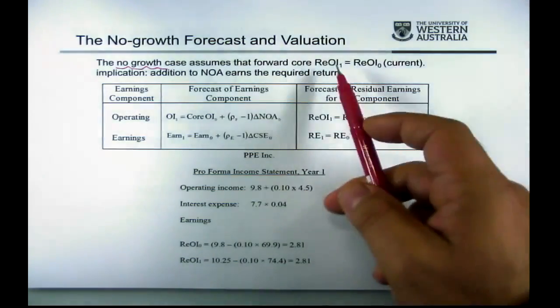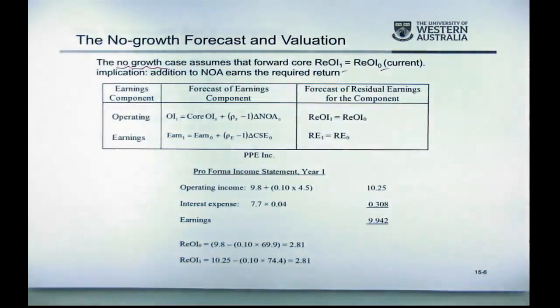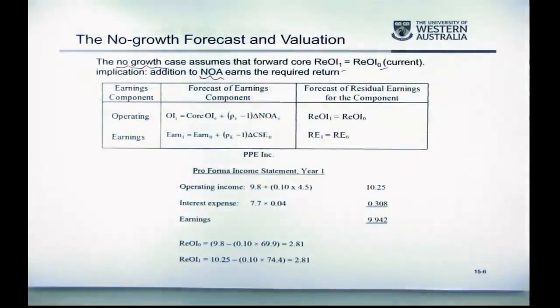So residual operating income in year 1 will be equal to the current residual operating income. The implication of this, if we believe that this is the case, is that any addition to net operating assets will just earn the required return on operations. This is the implication.